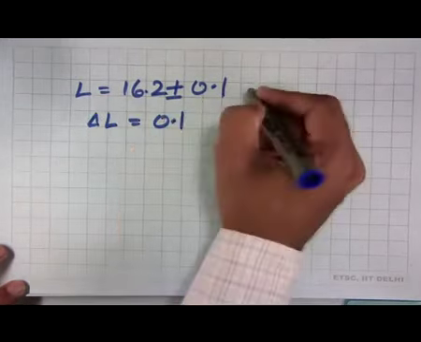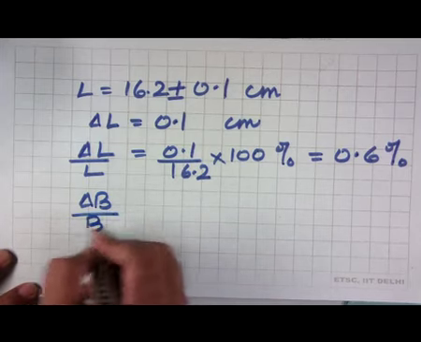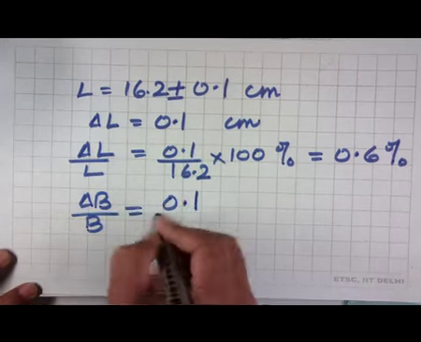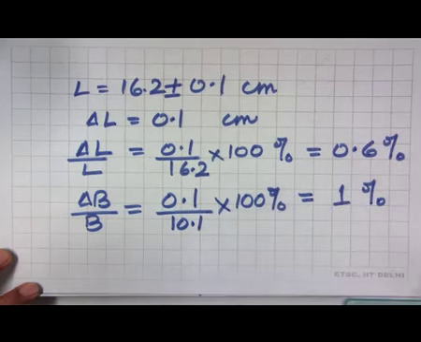and the relative error in length, delta L by L, will be equal to 0.1 by 16.2, and if I express it as a percentage, this will be equal to 0.6%. Similarly, for breadth, delta B upon B is equal to 0.1 divided by 10.1 into 100%, so this is equal to 1%.